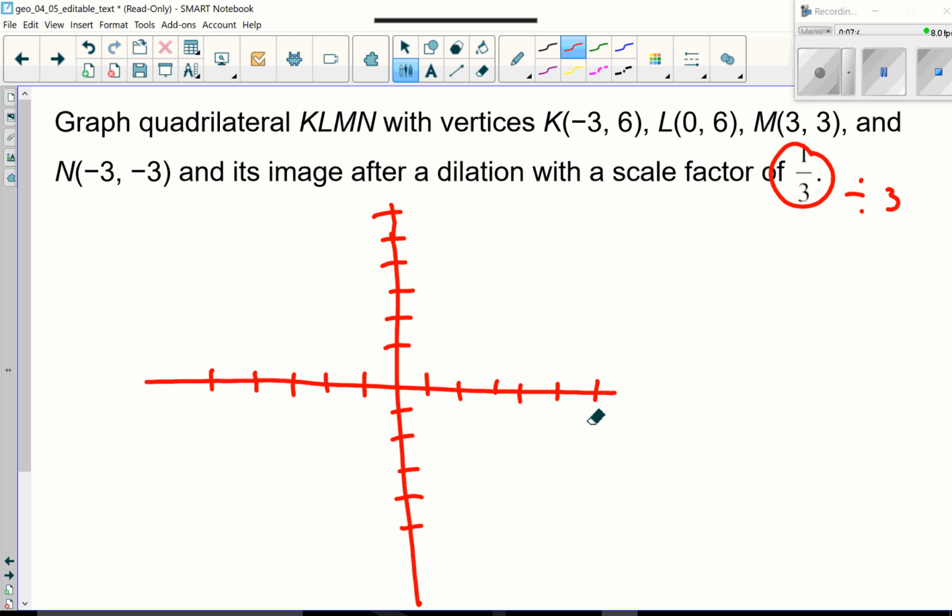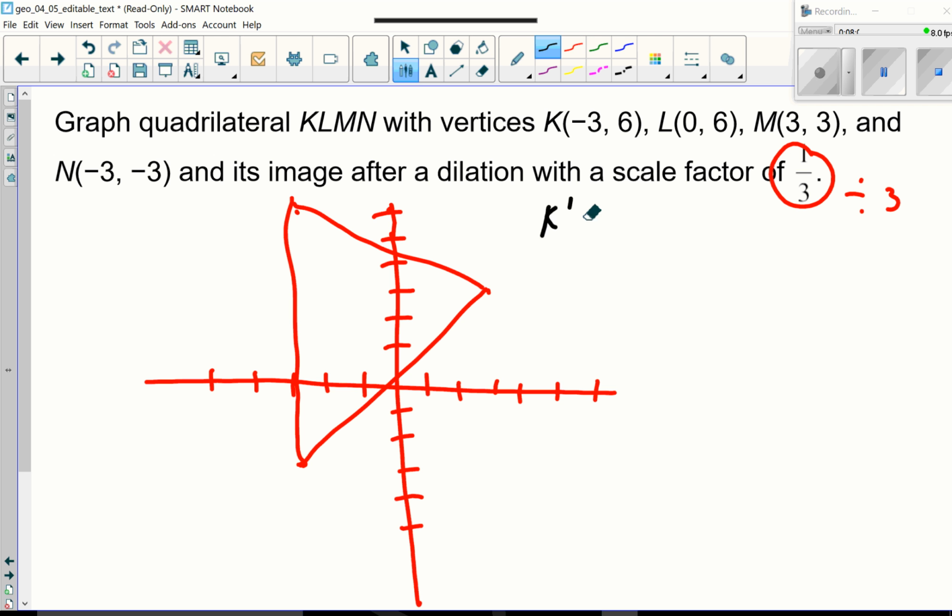I'm going to graph the image first. -3, 6, 0, 6, 3, 3, and -3, -3 here. Okay, connect your dots. And our new one, let's change colors.